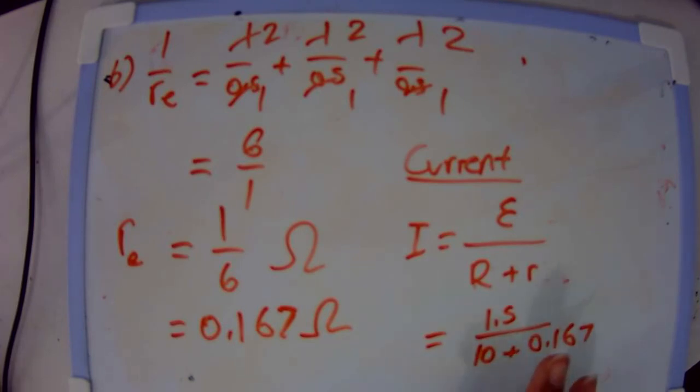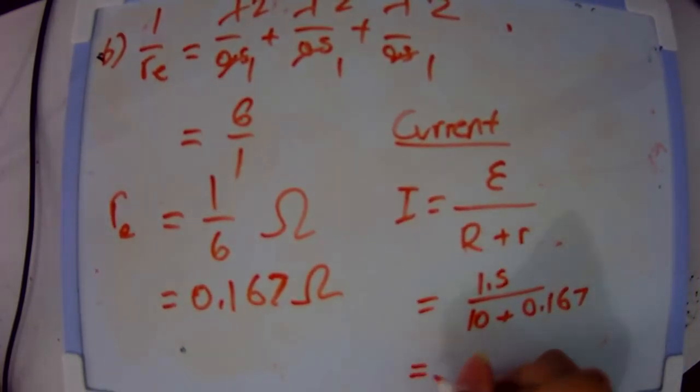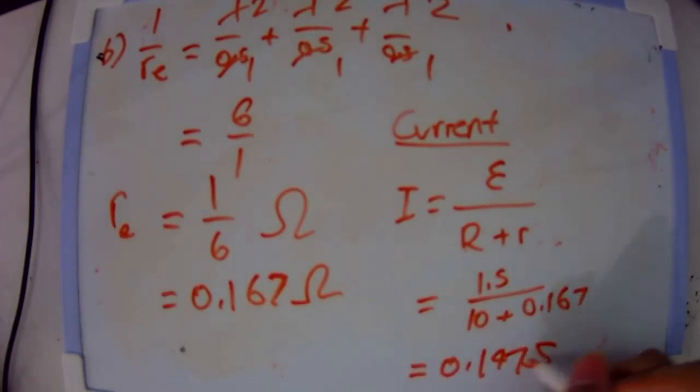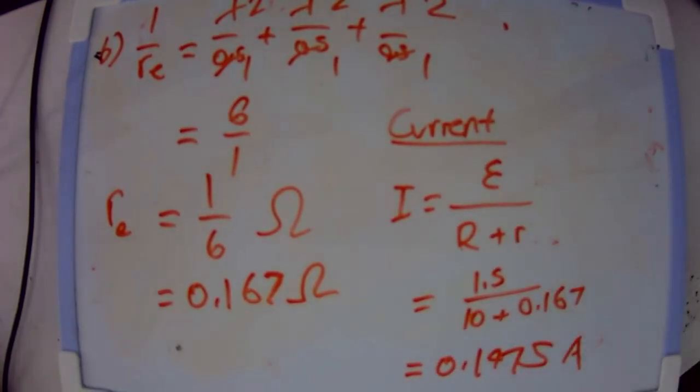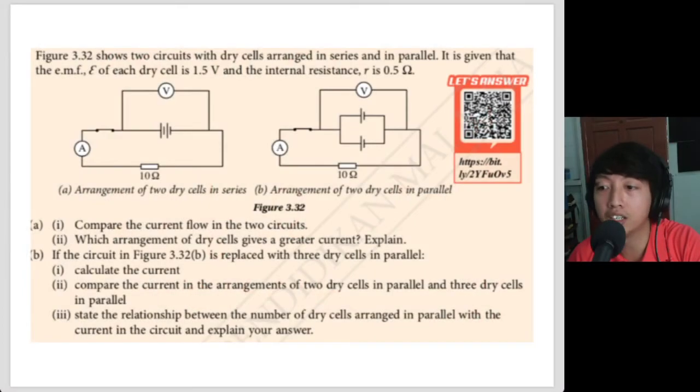And so you get a final answer of 0.1475 amps. So now that we've calculated the current, back to the second question.